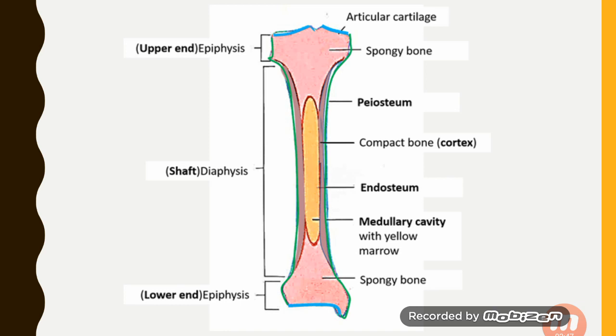It basically contains the spongy part of the bone, which is highly porous. Then comes the middle part of the bone, which is called the diaphysis or shaft, and it is the compact part of the bone, also called the cortex.